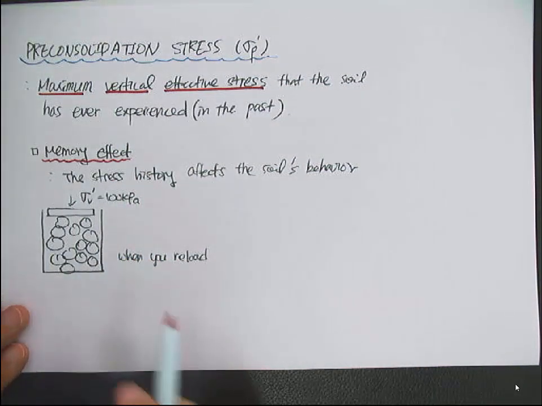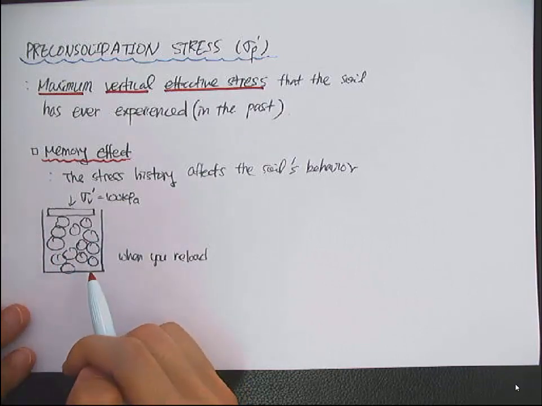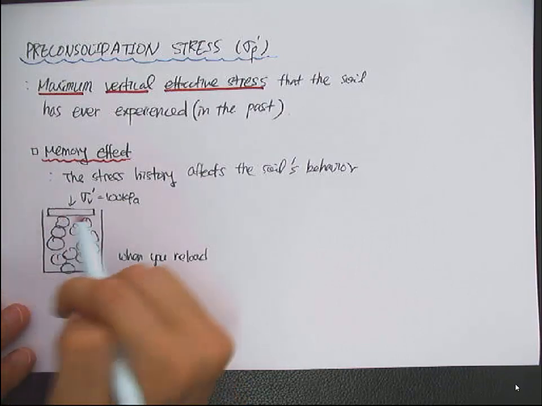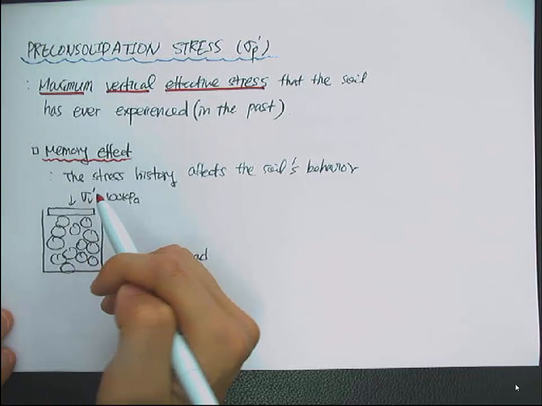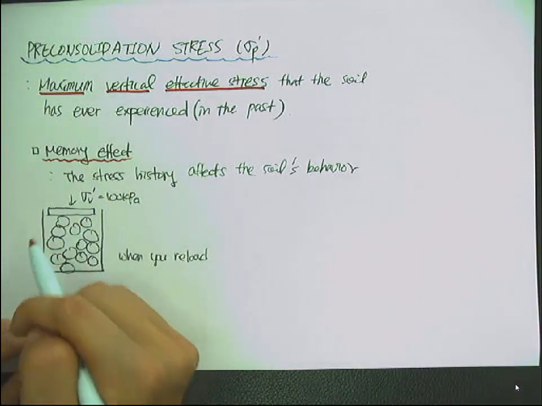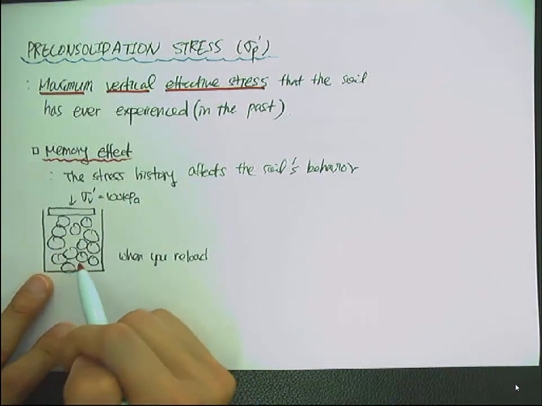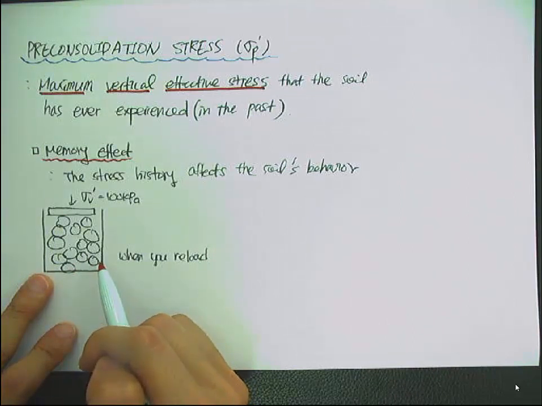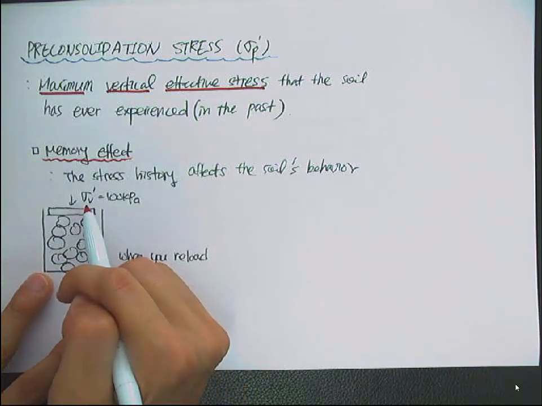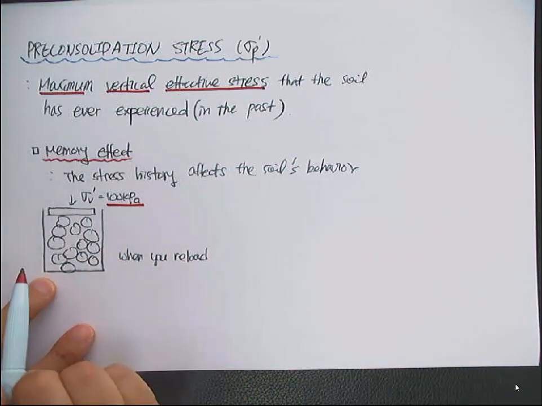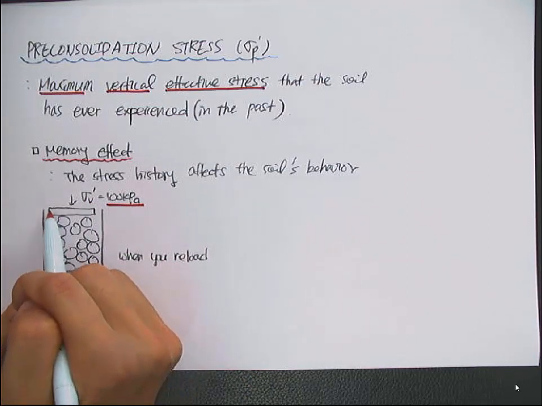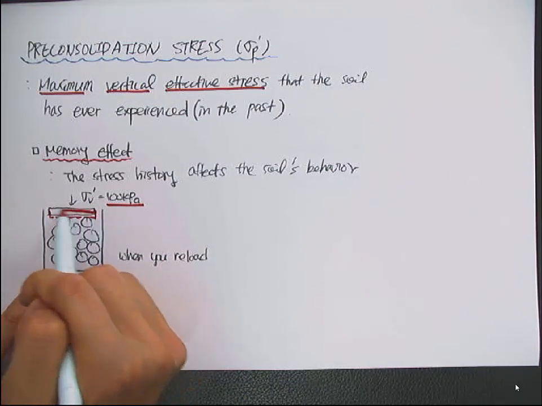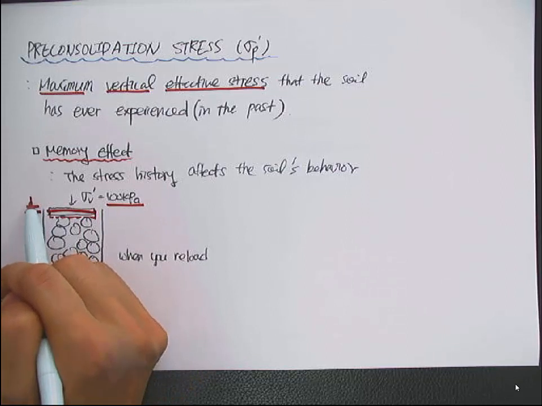For example, let's say we have soil in a container, and we pour the soil into the container, so the soil has never experienced any stress. Then we apply a vertical effective stress of 100 kilopascals. So then this will settle by this much.